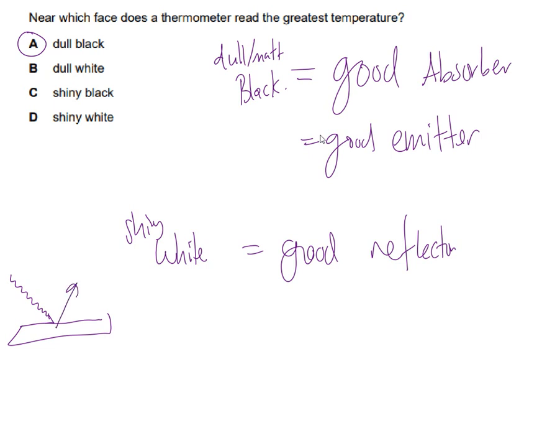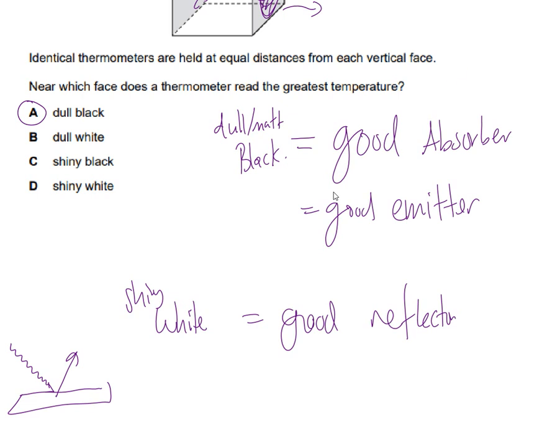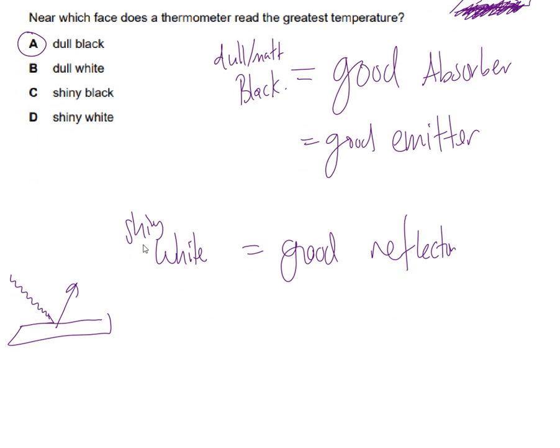But black or matte, the heat goes in, it's going to absorb it because it's a good absorber, and then later on it's going to emit it. That's the difference between an absorber, an emitter, and a reflector. A reflector would just reflect it straight away. Go, boom, go up. Reflector. That is what we need to understand.